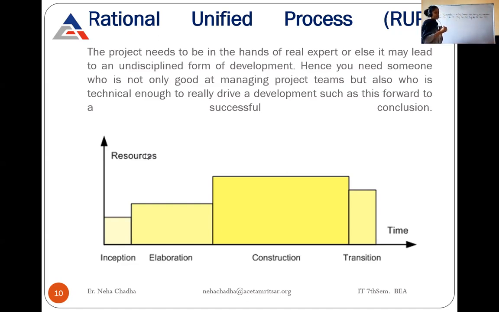I consider the requirement phase will take 2 months, the design will take 3 months, then coding will take 5 months. If we calculate it, this is 10 months, and testing will take 1 month, and maintenance or user acceptance testing will take 1 month. I have to draw this accordingly.